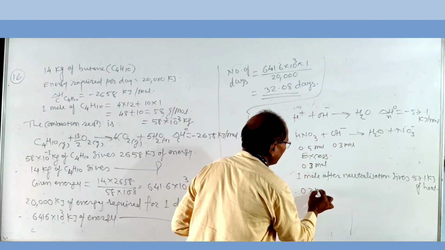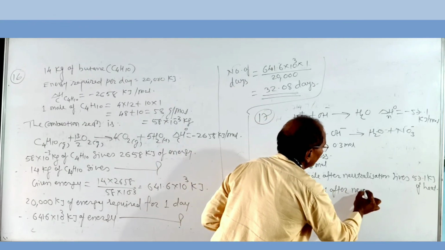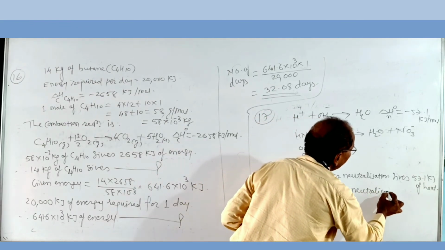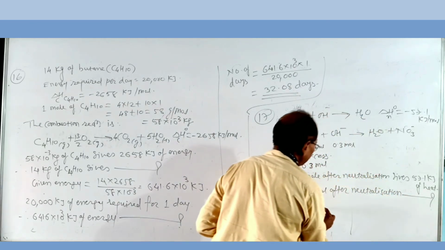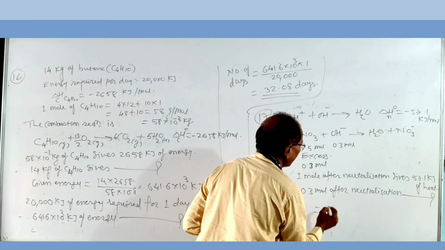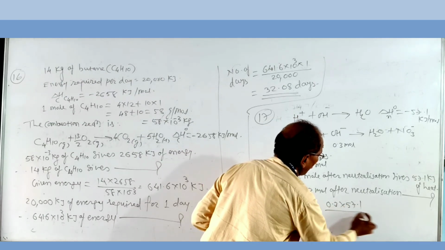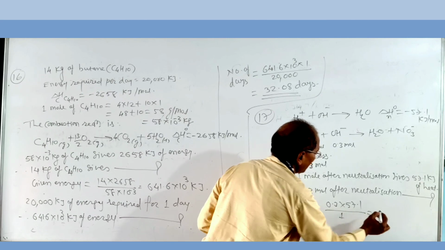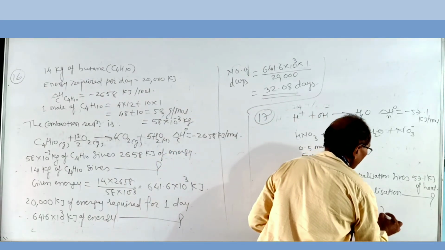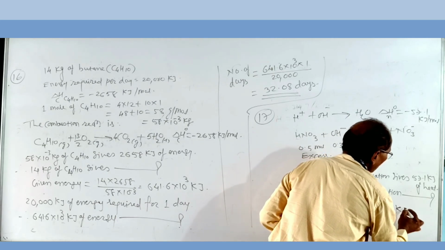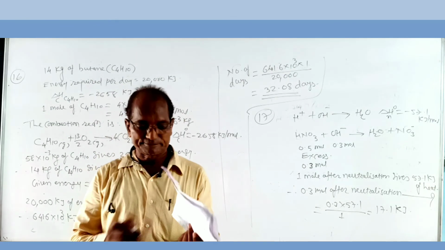Therefore, 0.3 mole after neutralization gives how much heat? Heat is 0.3 into 57.1 divided by 1. It gives 17.1 kilojoule. Therefore, our answer is B.